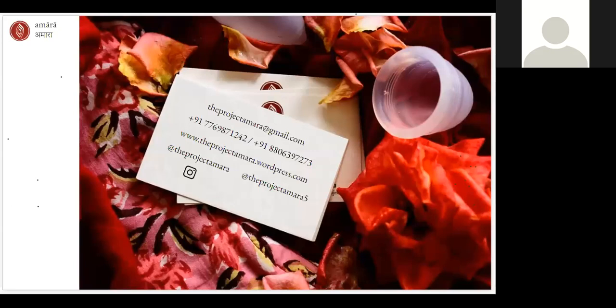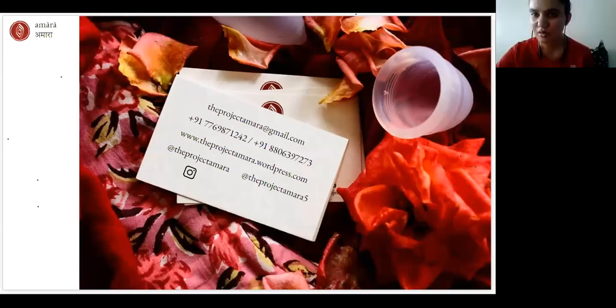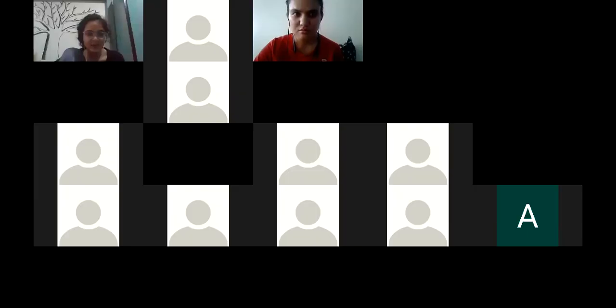There's one question, I guess. Yes, there was one question that came up, whether all pads have dioxins. Now, like I said, dioxins are released from rayon, viscose, and bleach. These are the three main ingredients which can release dioxins.